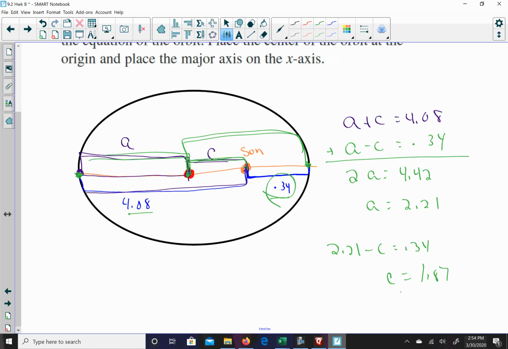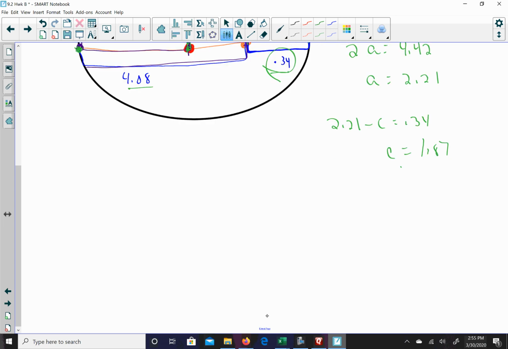Then if I know my A and my C, I can use the formula C squared, so 1.87 squared is equal to A squared, so 2.21 squared, minus B squared. When I do all that, I end up with B squared equaling 1.39 if I round it to 2 decimals.